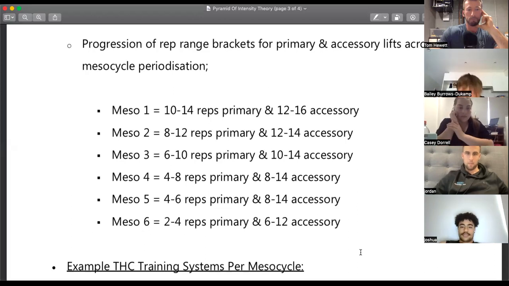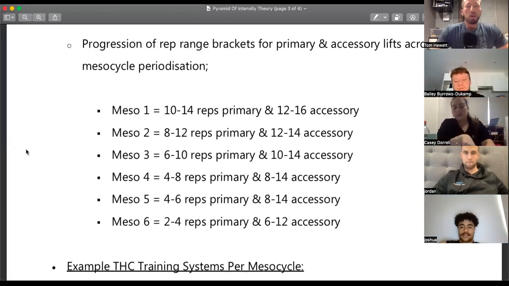Can you guys see that? No. Can't see that? Okay, hang on. Right. Share screen. Can you see that? Yeah.